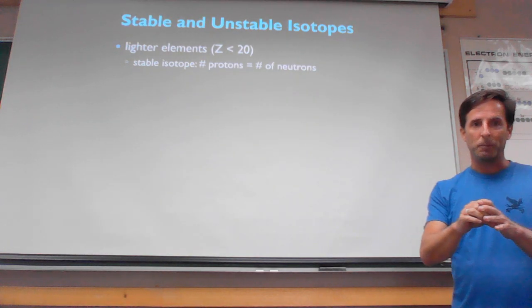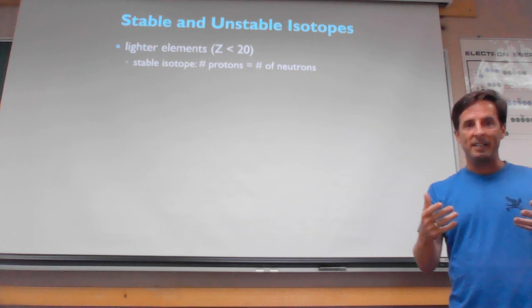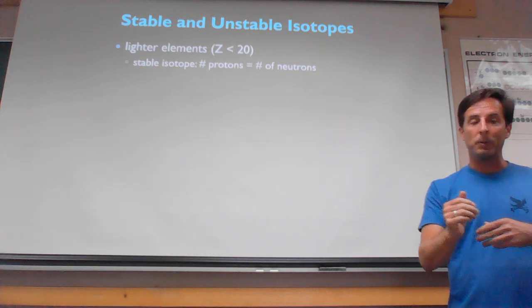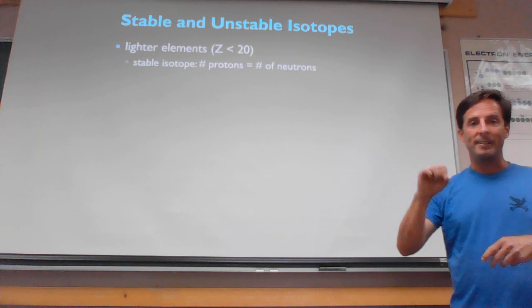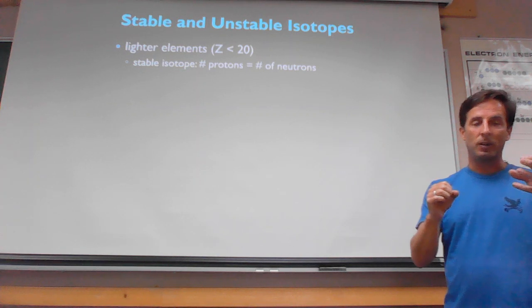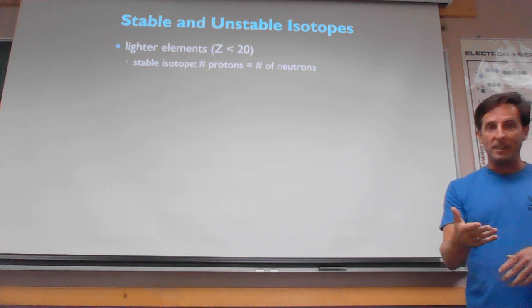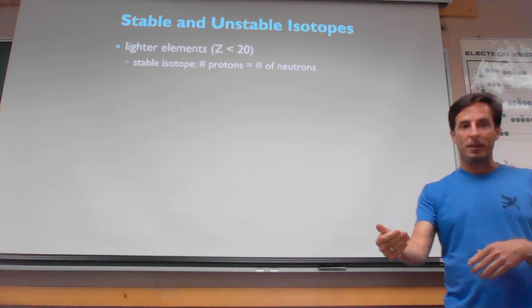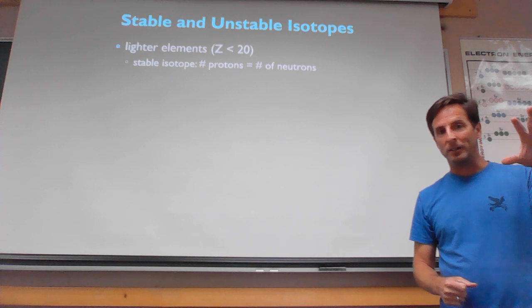That's a stable isotope. For oxygen, the most common isotope is 16. That's also a stable isotope. It's 8 protons and 8 neutrons. Neon has 10 protons and 10 neutrons. So those are all stable isotopes. When we look at carbon-14, which is an unstable isotope, it has 6 protons and it has 8 neutrons.